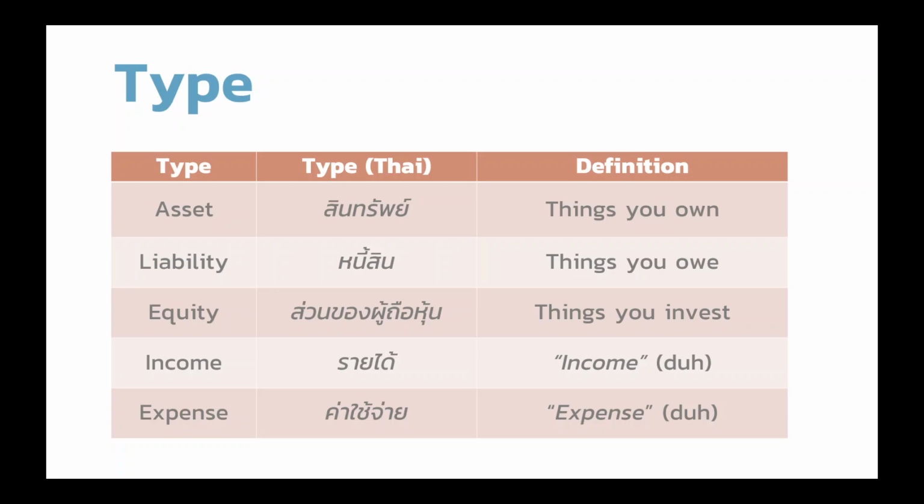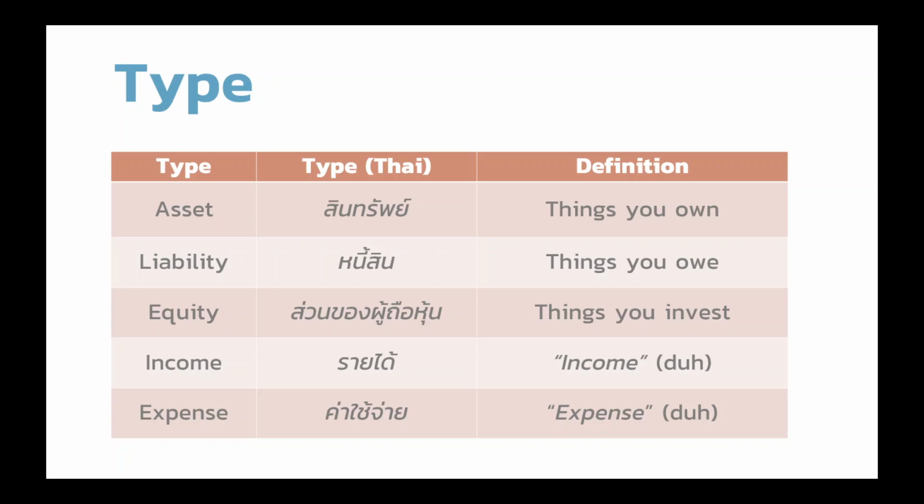Liabilities, หนี้สิน, are the things that you owe other people. That's pretty self-explanatory. Equity is investment, like ผู้ถือหุ้น. If you invest into something, that's called equity, or maybe you can have a shareholder invest into your company, that's also called equity.